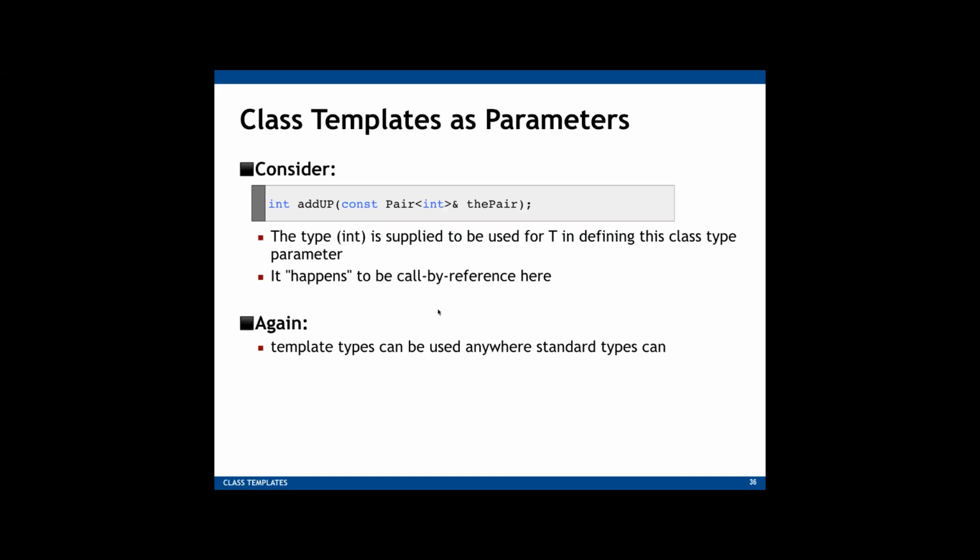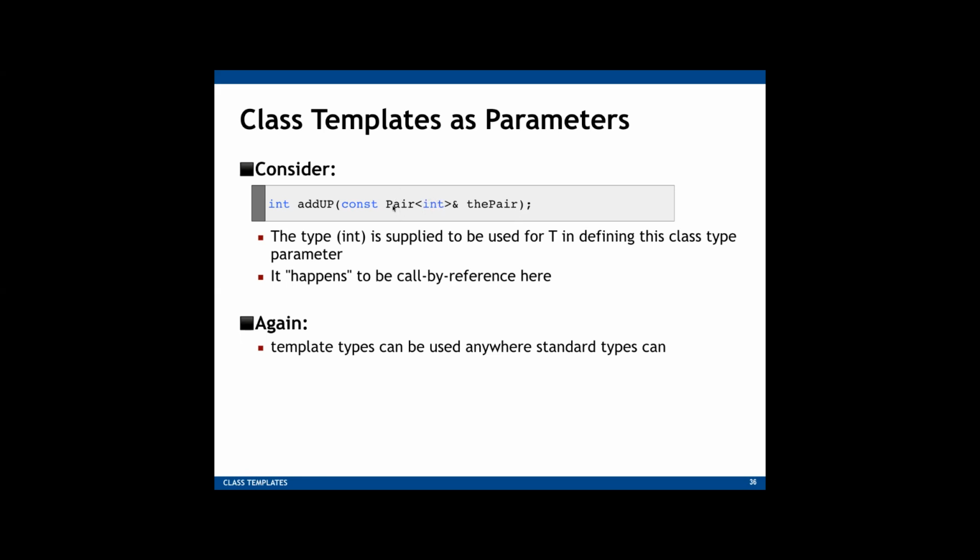And note that we can also use the name of a class template as the type for function parameters. So in this example, the adder function receives one argument of a pair object that stores a pair of integers. Because we specify the int here, the type parameter will be replaced with int.